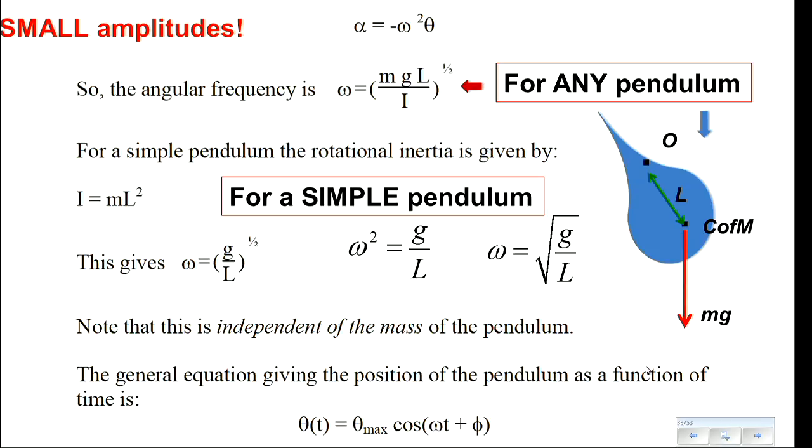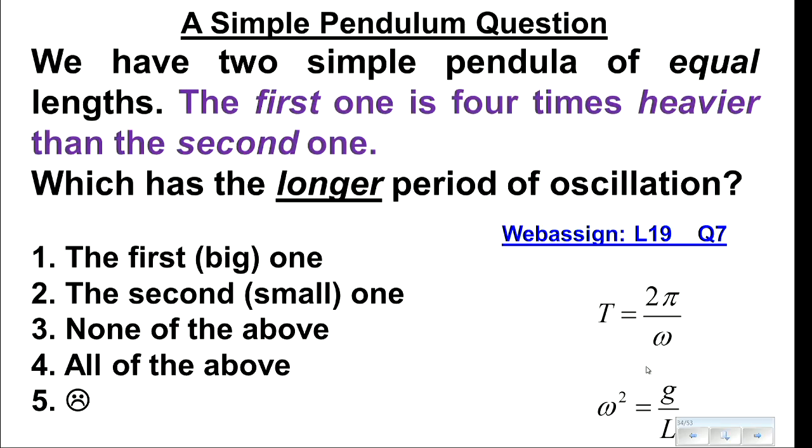And again, this is not a question, because I have no time for that. But the answer is obvious. Do you see mass in this equation? No. So the period of the motion of a simple pendulum doesn't depend on the mass. See? Small ball, heavy ball, exactly same period.